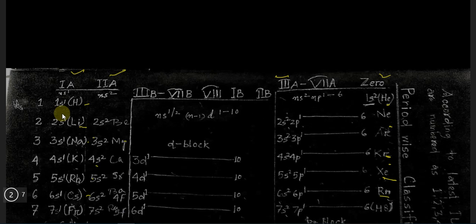Then B groups: 1B, 2B, 3B, 4B, 5B, 6B, 7B, and VIII contains 3 columns. Total 18 columns. The 7 periods and 18 columns present in the periodic table are called the long form of the periodic table.